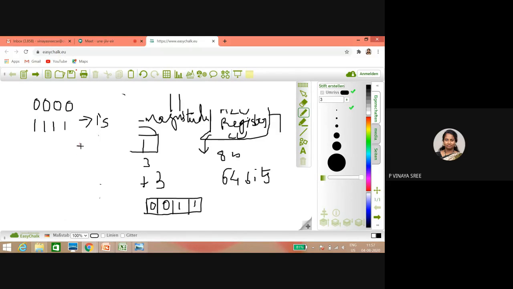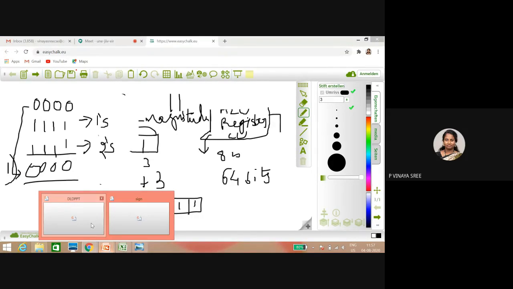Then in order to get 2's complement, we need to add 1 to that. So if you add 1 to that, it will be all zeros, and the last carry we need to ignore. So this is your answer. Even in a negative number representation, 0 should not be checked as negative or positive. So we got an exact answer.